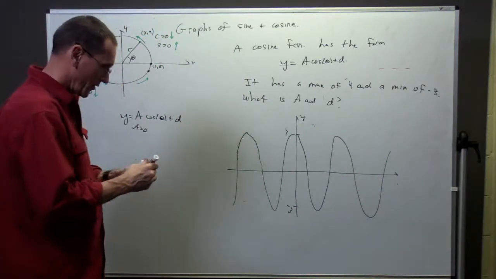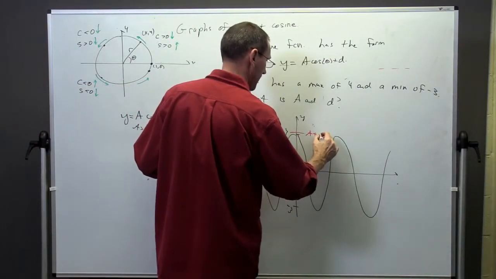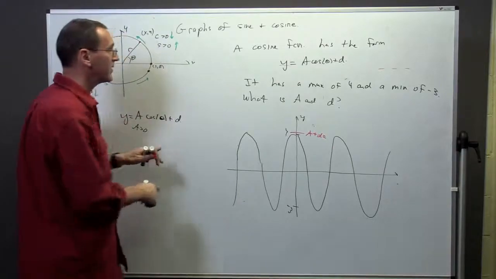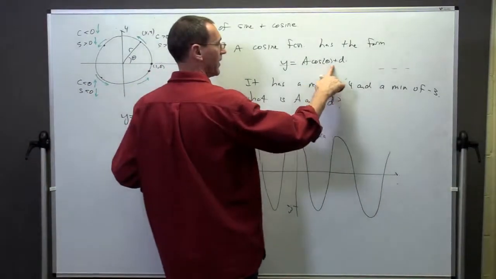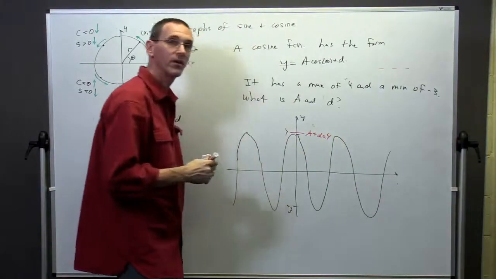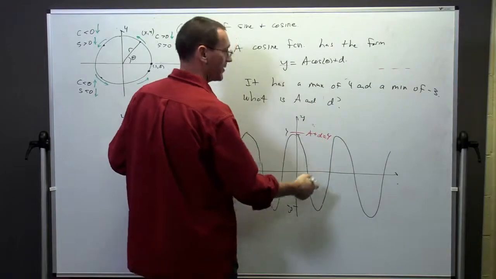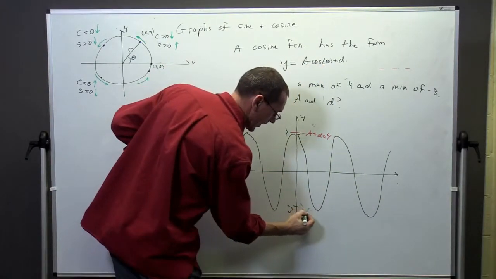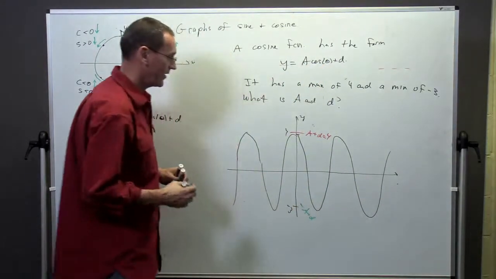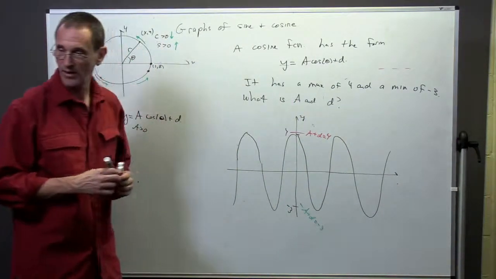So what do I know? I know that at the top of this thing, when cosine is 1, I'm going to be at a plus d, that has to be 4. Now down here at the bottom, this is when cosine is -1. This is going to be minus a plus d, and I know that that's going to be -3.